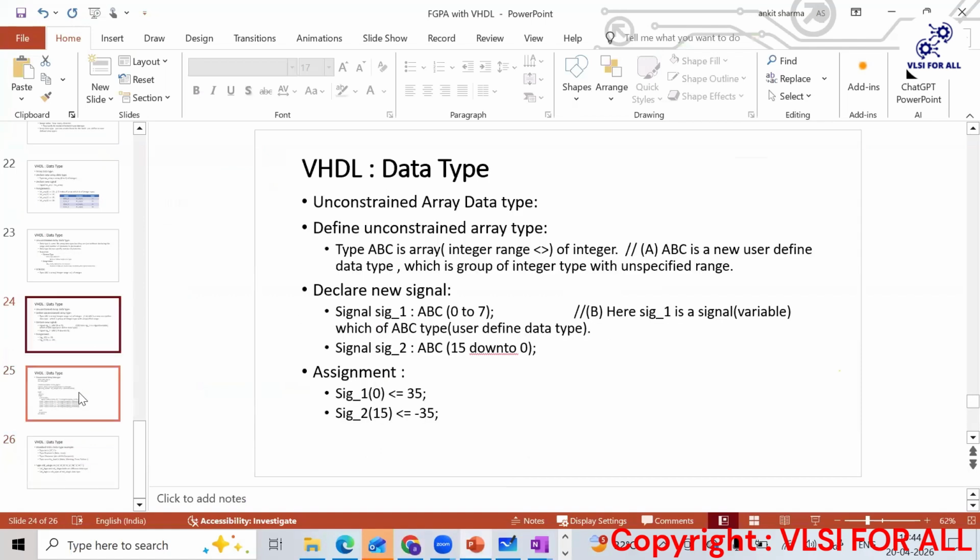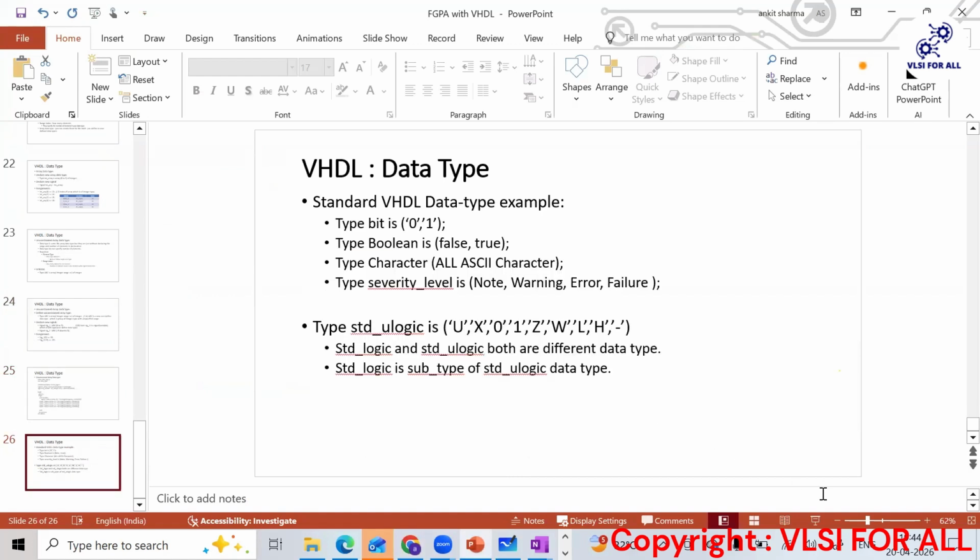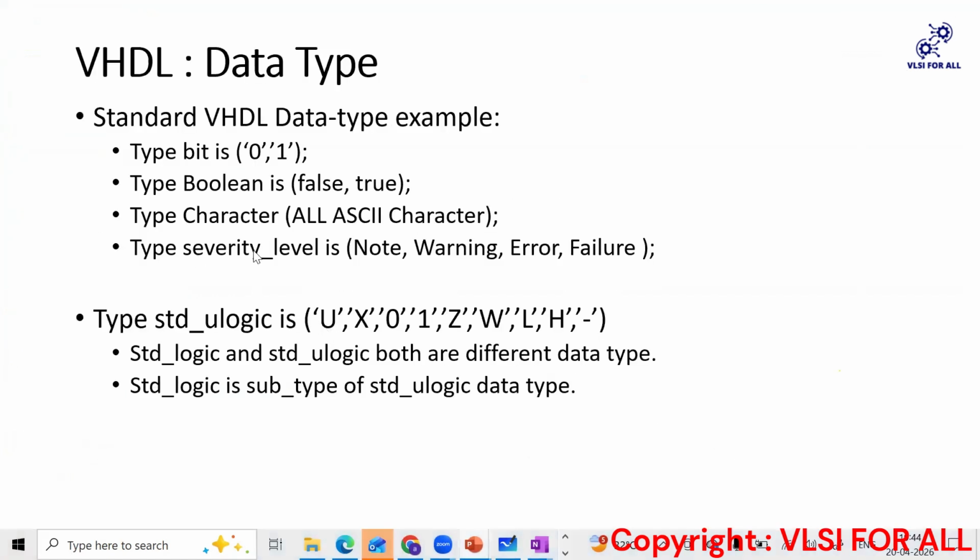Similarly, you can do for this severity level and this character, this boolean, and all those, right? So anyone have any doubt up to here? No?